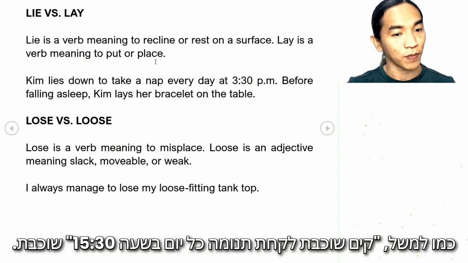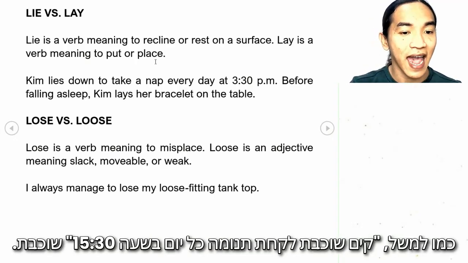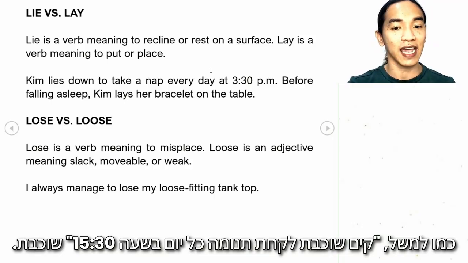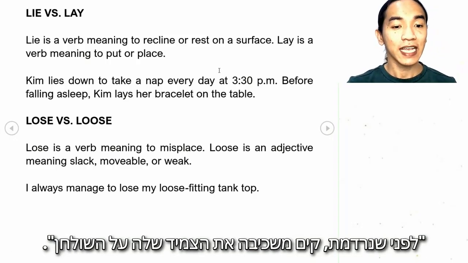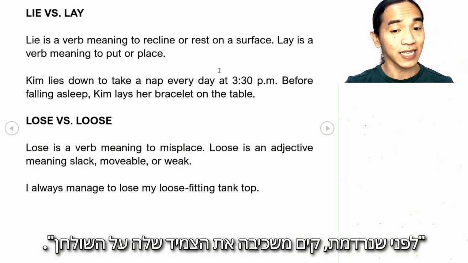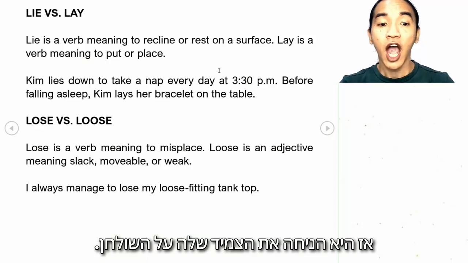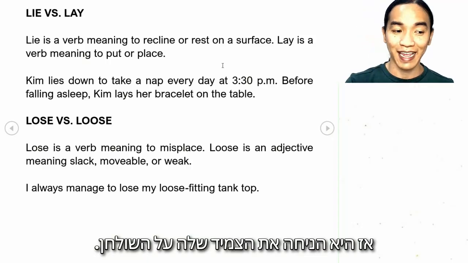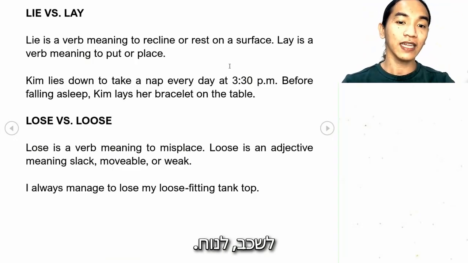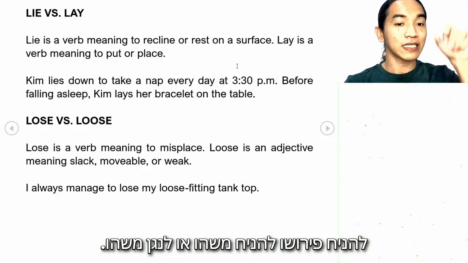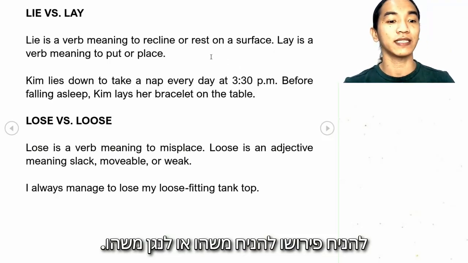For example, Kim lies down to take a nap every day at 3:30 p.m. Lies down, okay? Before falling asleep, Kim lays her bracelet on the table. So she put her bracelet on the table. So that's the meaning: lie means to recline, to rest, and lay means to put down something or to place something.